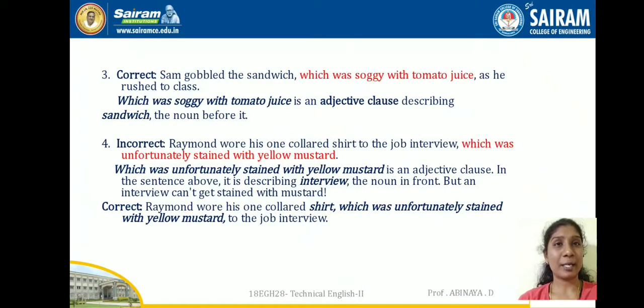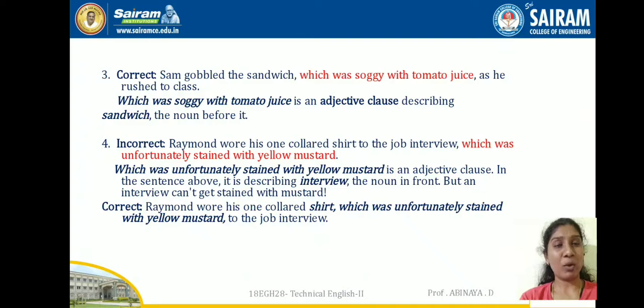Let's go for the next. Third sentence. See, it is in the right form. Sam gobbled the sandwich which was soggy with tomato juice as he rushed to class. Here the modifier "which was soggy with tomato juice" is located near "sandwich".